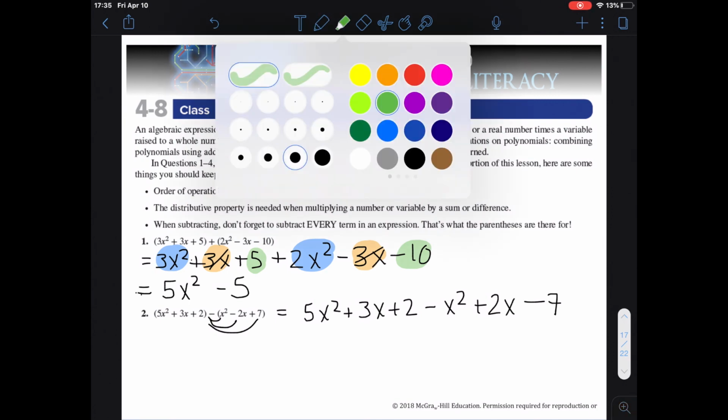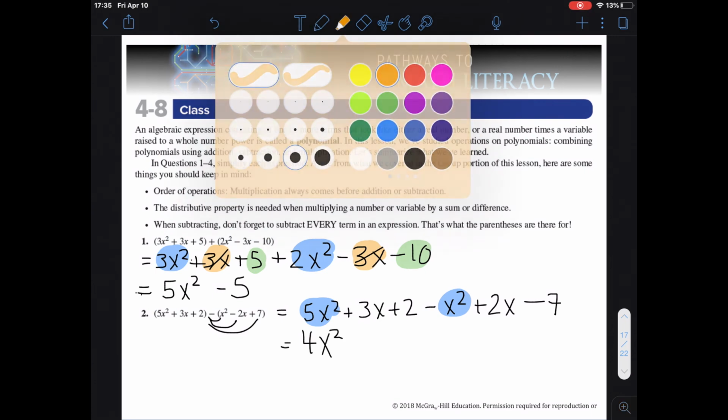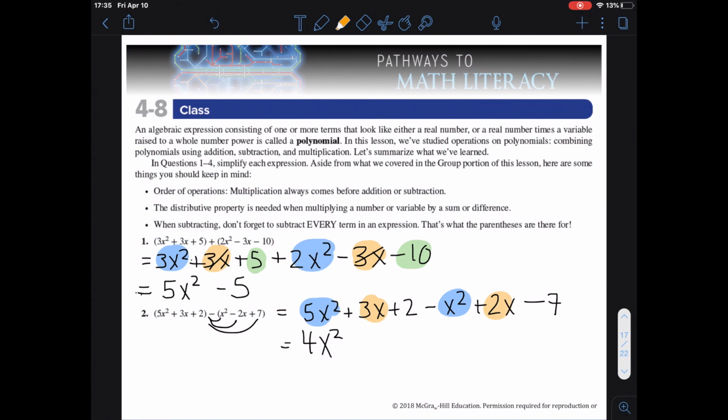So before we can start combining, we had to distribute that out. So I have 5x squared, and now I'm subtracting 1. So in total, I have 4x squared terms. Then if we go to our x's, we have 3x plus 2x, so we have 5x. And then finally, 2 minus 7 is minus 5, our constant.